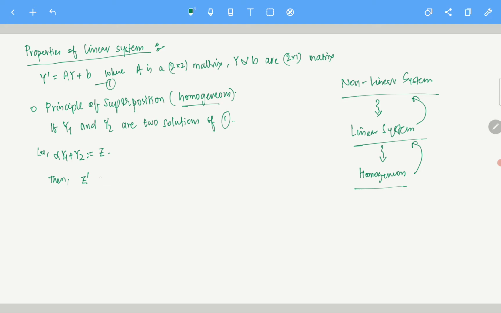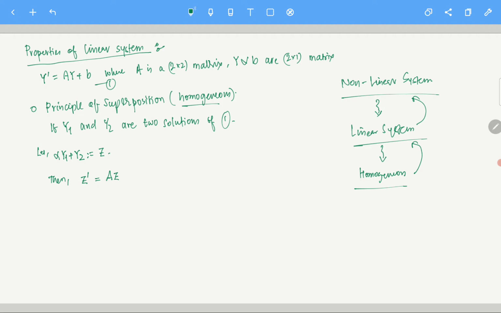Essentially you can see that z prime is going to be capital A times z, clear? If I define it like this, then z prime is going to be capital A times z, right? I'm not doing all that, you can do it yourself.